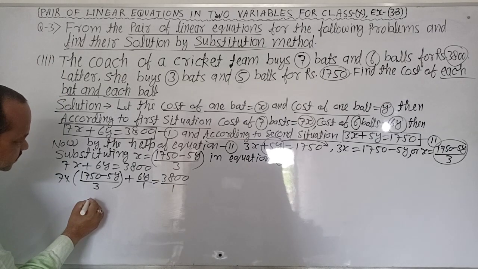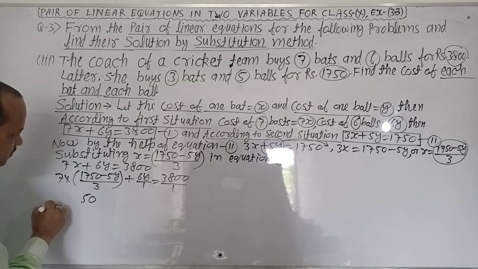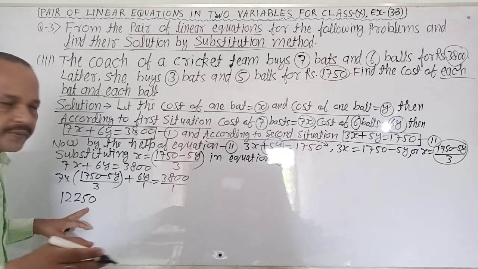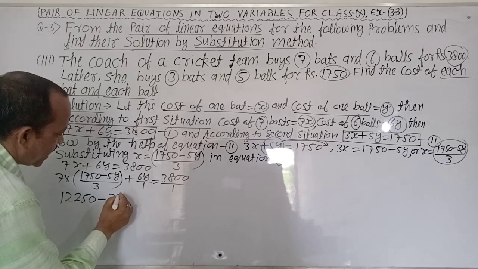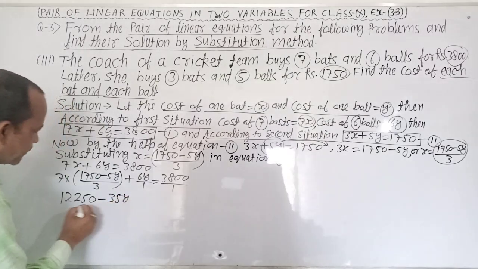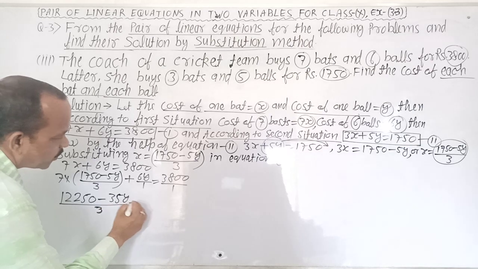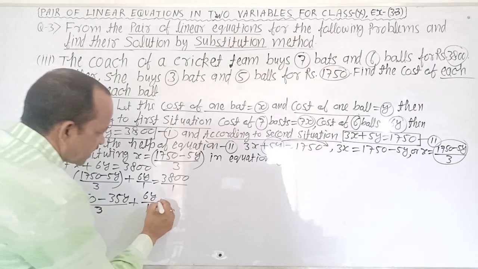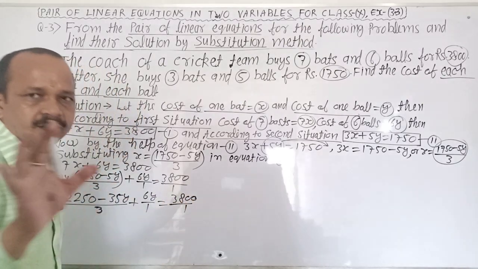It becomes (12,250 minus 35y) by 3 plus 6y by 1 equal to 3800 by 1. Clear?